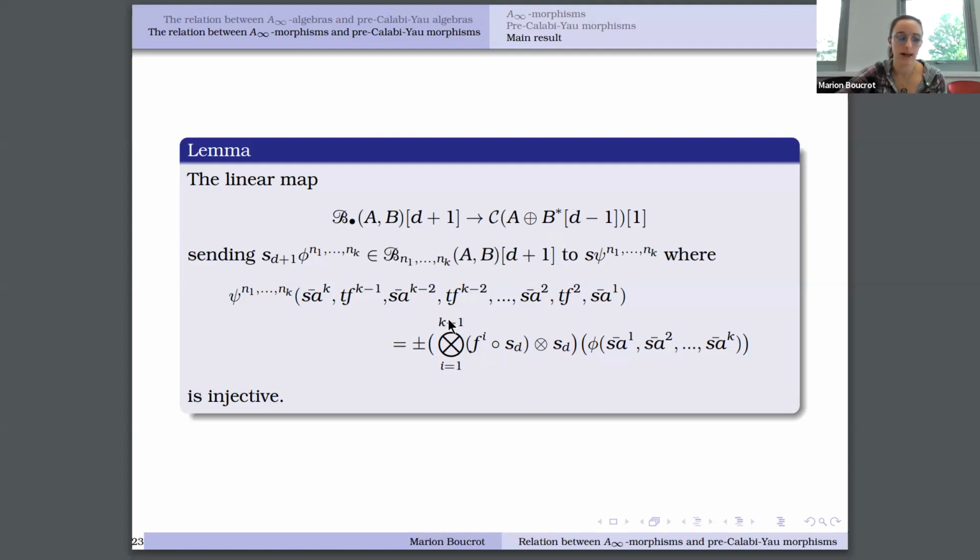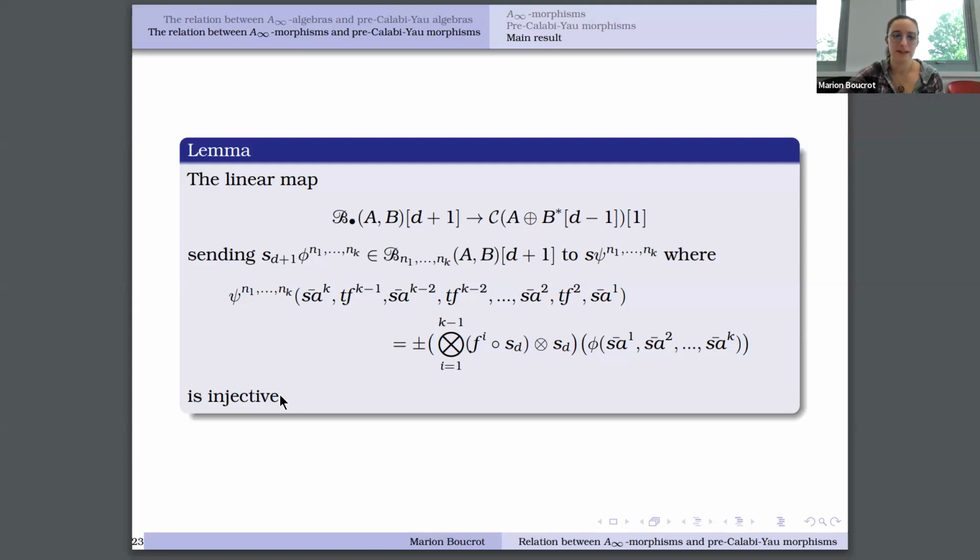So here we end with an element of K, and we just leave the last output, with some shift of the phi here, because the last output here is an element of A shifted by minus D plus B star shifted by minus 1. So we shift it by D, and we leave it as the output we want in A plus B star shifted by D minus 1.